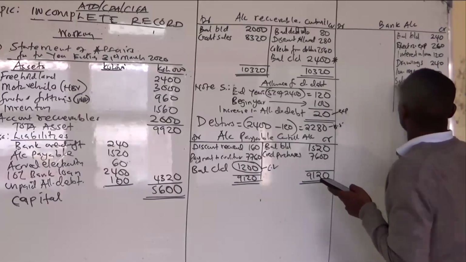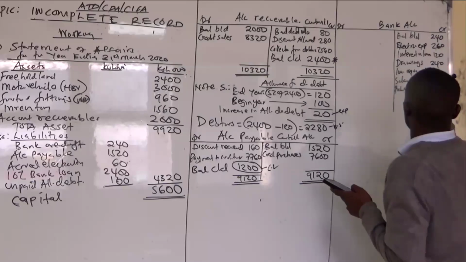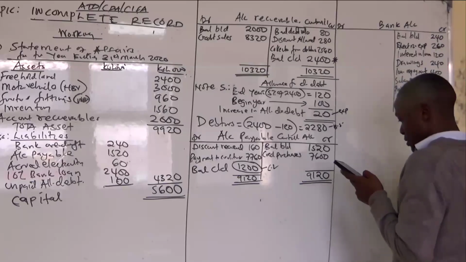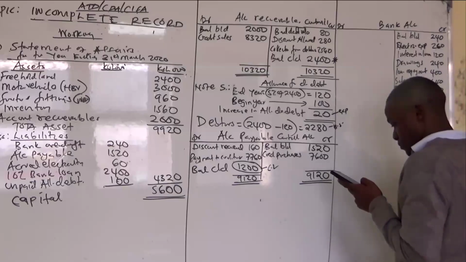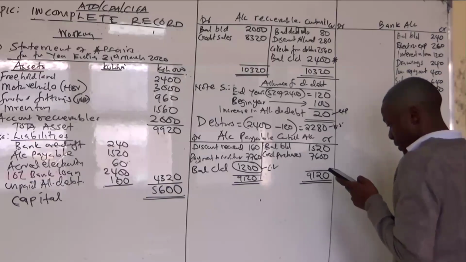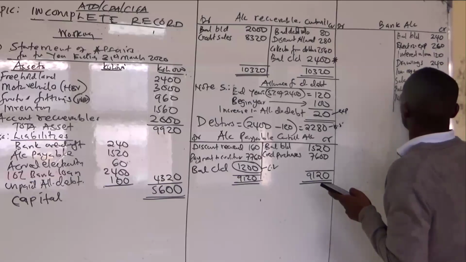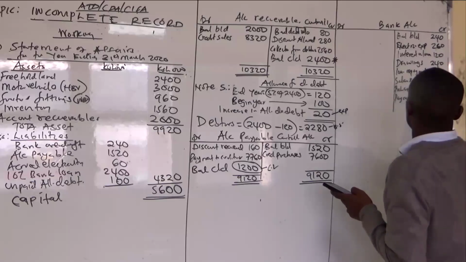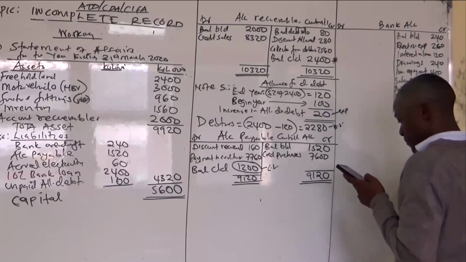Kuna purchase of furniture. Purchase of furniture ni 800. Kuna payment to creditor. Account payable ama creditor ni ngapi?